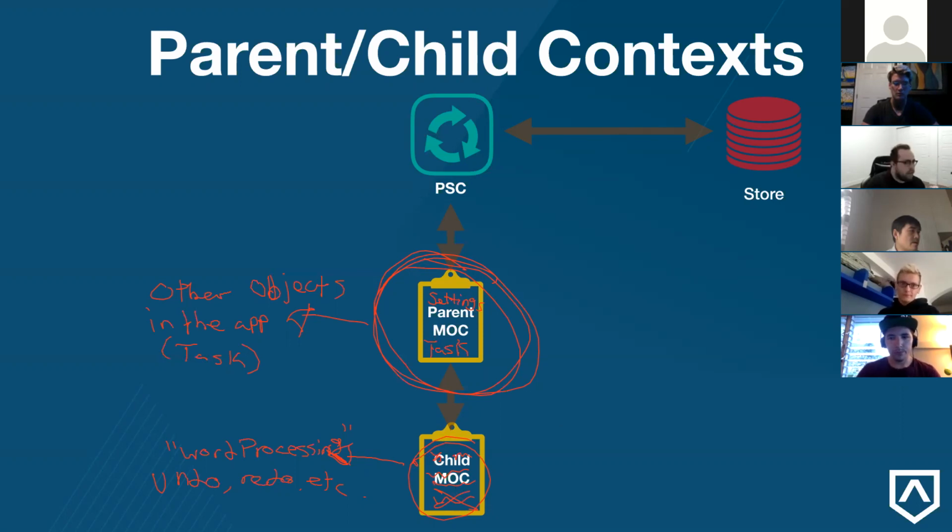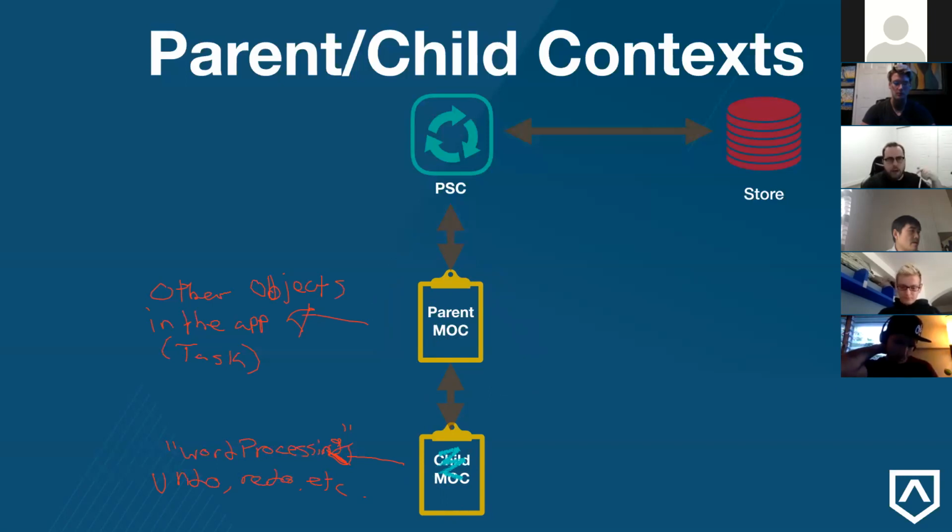Let's think about some implications of that. Let's say we do make some changes in that word processor and we hit Command S, we hit save. We want that to actually be saved to the document, or in our case to Core Data. When we call save, it doesn't go immediately into the persistent store, but just goes up to whoever its parent is.